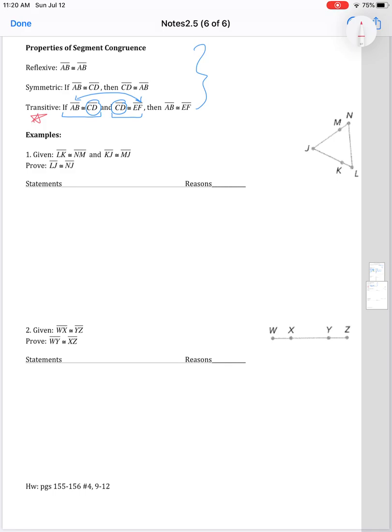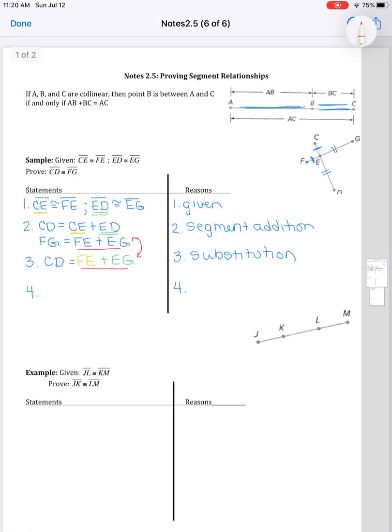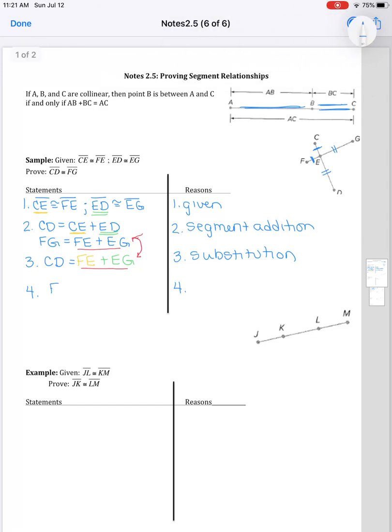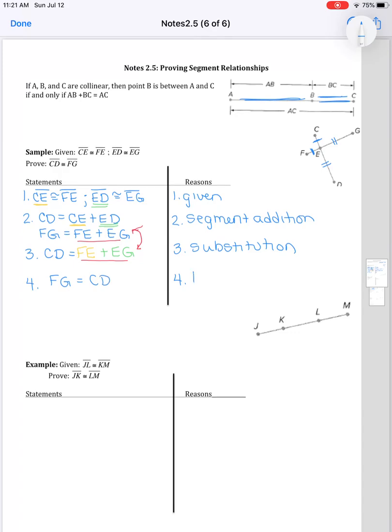As we learned on the back side of the property, if you have something equal to something, and something else equal to that same something, then you can set the two of them equal to each other. So if both FG equals FE plus EG and CD equals FE plus EG, then I can set FG and CD equal to each other. So FG is equal to CD. And that is our new property for transitive.